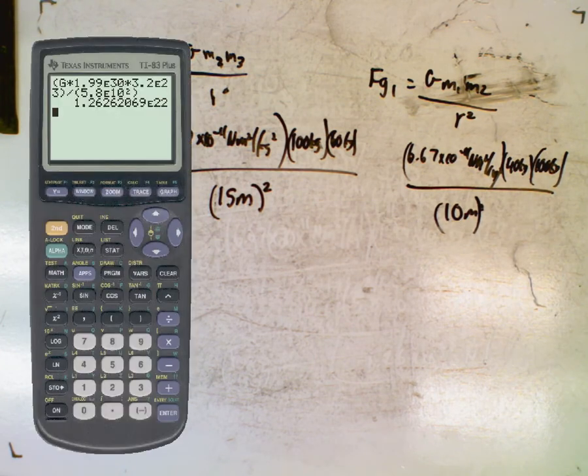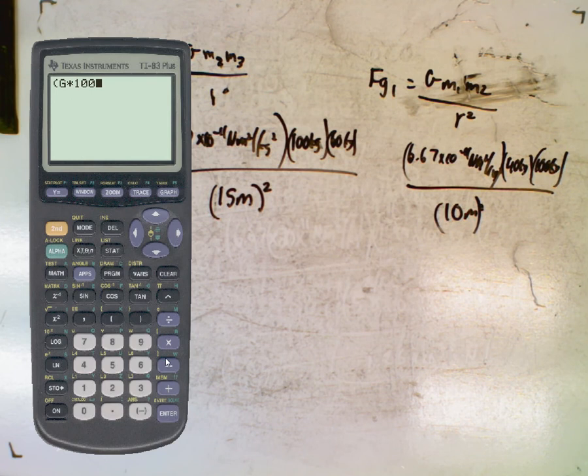So I'm going to type that into my calculator. Alpha G times 100 times 60 divided by 15 squared. So that's the force of attraction for the 3.